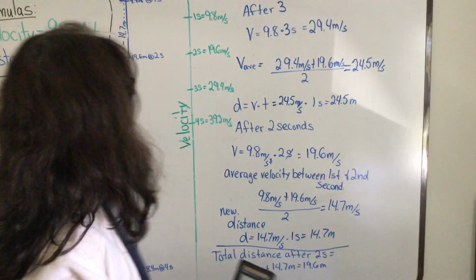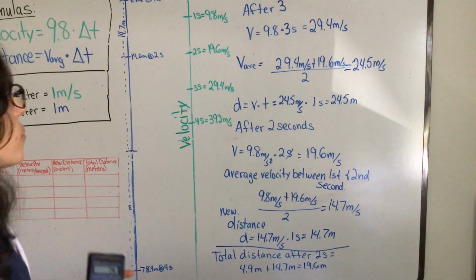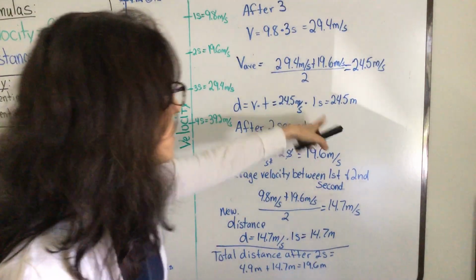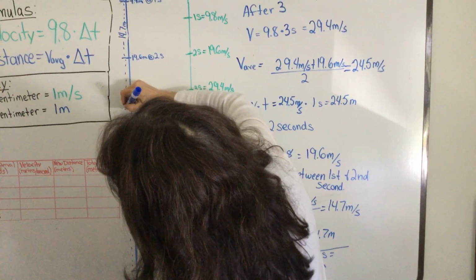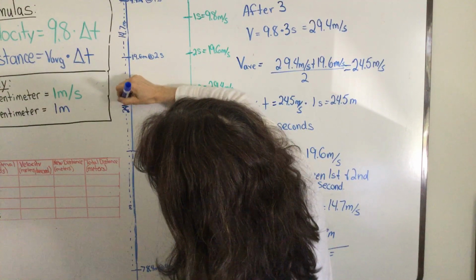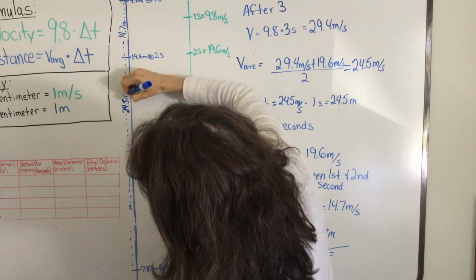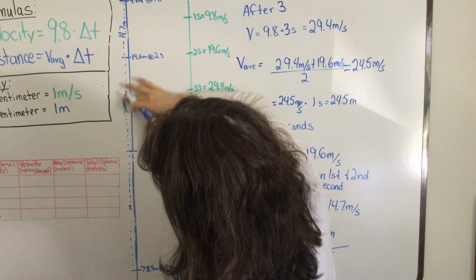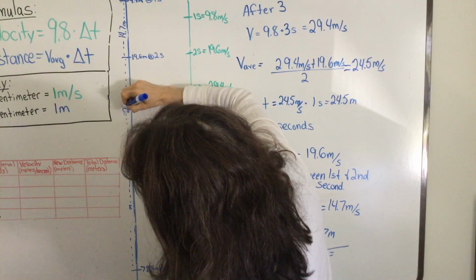It falls an additional 24.5 meters. So over here in the dotted line between these 2 lines, this should represent 24.5 meters.